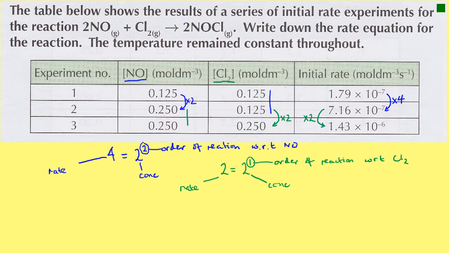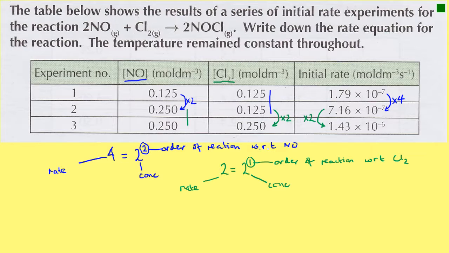All right, so 4 is going to be equal to the concentration of nitrogen monoxide, which has gone from 1 to 2, to a power, to the order of the reaction with respect to nitrogen monoxide. So we can see that that has to be 2 squared. 4 equals 2 squared, where this is the order of the reaction with respect to nitrogen monoxide.